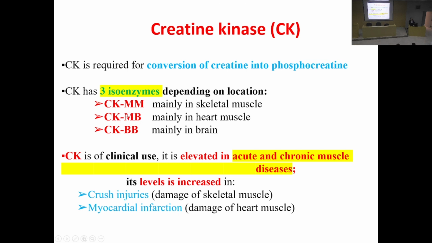The one in the heart is CKMB, and the one in the brain is BB. All these creatine kinases can be used as biomarkers for any muscle injury, heart injury. For example, when you have myocardial infarction, the CKMB will increase. So it can be a diagnostic tool for any chronic or acute muscle disease. Okay, clear?